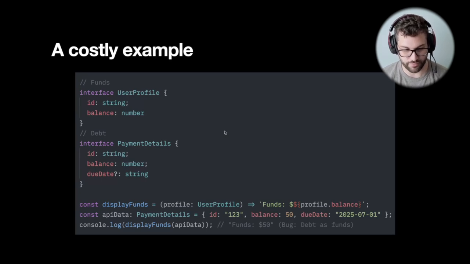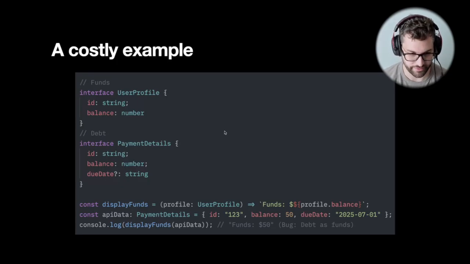It has this additional property called due date. Now if we create a function called displayFunds, which accepts a user profile, and we pass in payment details, this compiles and it will display funds as $50 when really the input was debt. So you can imagine how this could be a costly error to make.